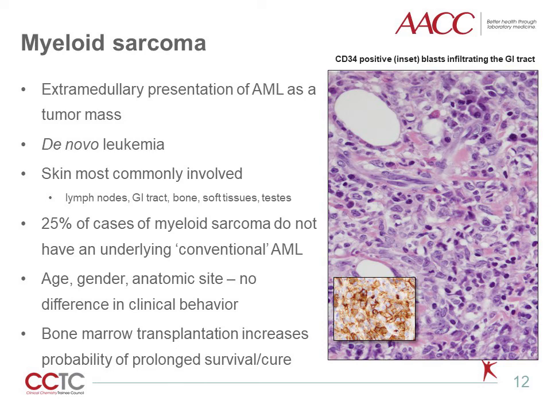Any site can be involved, but the most common organ affected is skin. In 1/4 of cases, myeloid sarcoma occurs in the absence of an underlying conventional acute myeloid leukemia. Clinical behavior and response to therapy do not seem to be influenced by age, gender, or anatomic site. An allogeneic or autologous bone marrow transplantation leads to a higher probability of prolonged survival and cure.